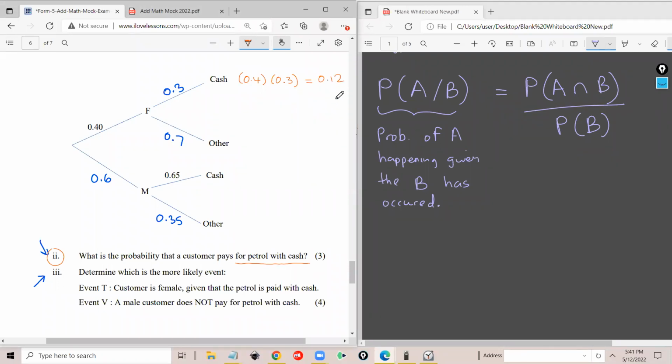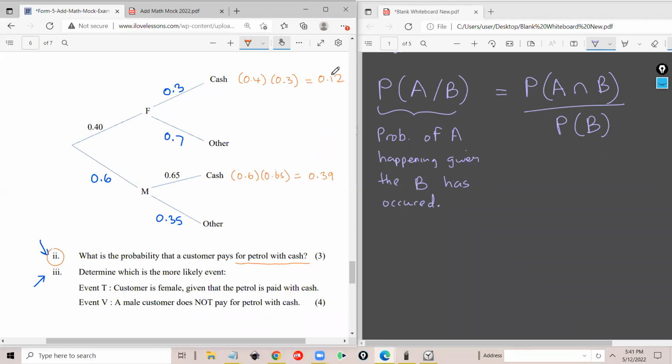Well, what other way can you end up with a cash payment? You can be male and pay with cash. So once again, to get the total probability of those branches occurring, you multiply the 2 probabilities along the path itself. So it's 0.6 multiplied by 0.65, which is 0.39, okay? So what's the total probability that a customer pays with cash?